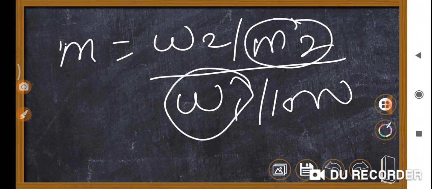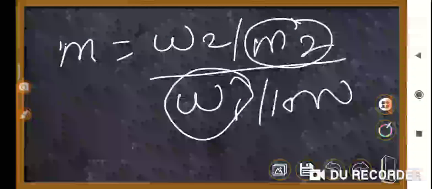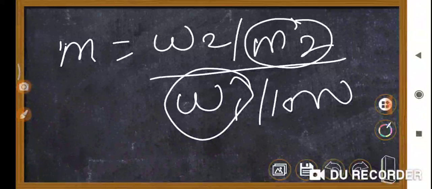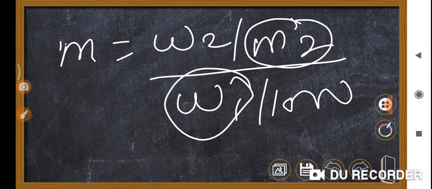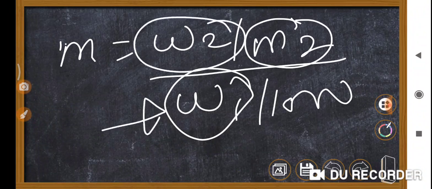So W1 by 1000 is what? W1 is the weight which we have to take. Suppose the question asks that you are going to make a molal solution in 500 gram of solvent, then you have to convert it into 1000 grams. That's why I have taken W1 by 1000. And W2 is the weight in gram of solute. M2 is the molar mass of solute.